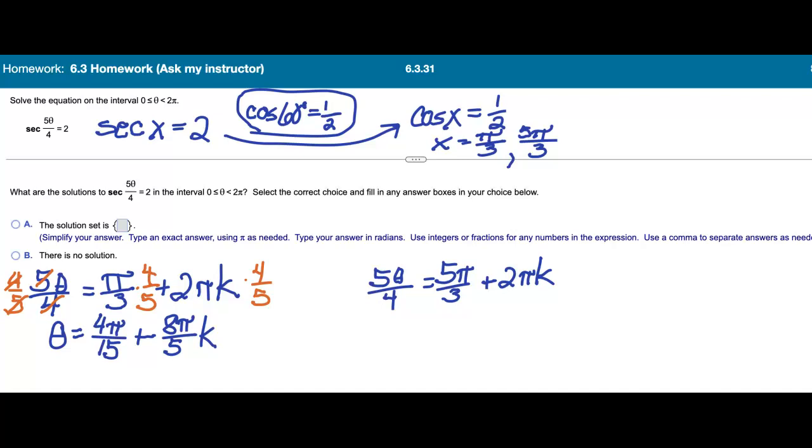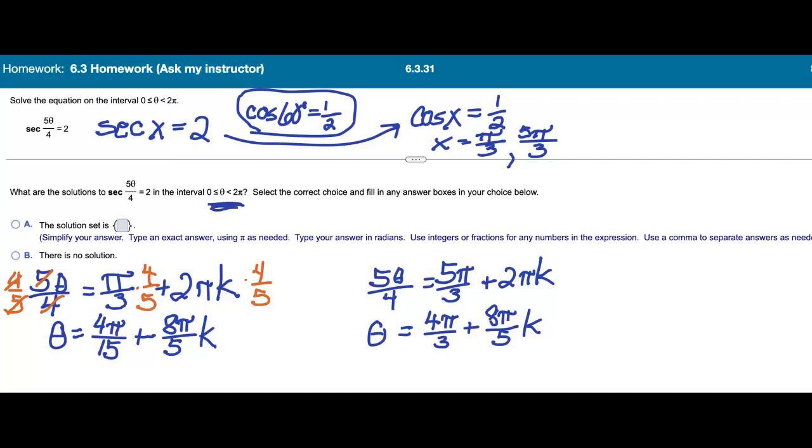And I do the same type of thing over here, multiplying both sides of the equation by 4/5, and that's going to give me for theta, theta equals 4 pi over 3 plus 8 pi over 5 times k. So these are my two answers in general form, but I'm asked to solve over this interval from 0 to 2 pi.